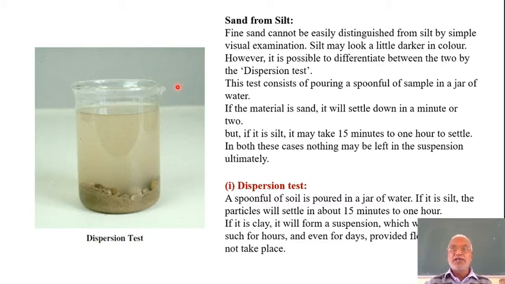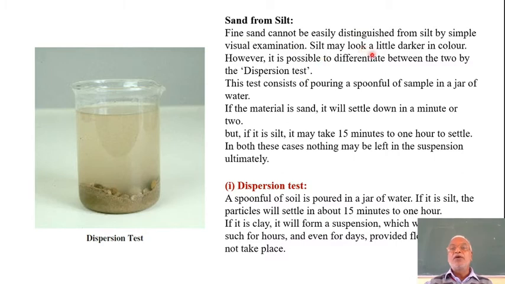So very small size particles are there, but they are not silt. Silt is a particle which is 0.002 to 0.075 mm. It is lesser than 0.075 but up to 2 microns. So these particles are difficult to recognize visually, right? So that is what is said in this.